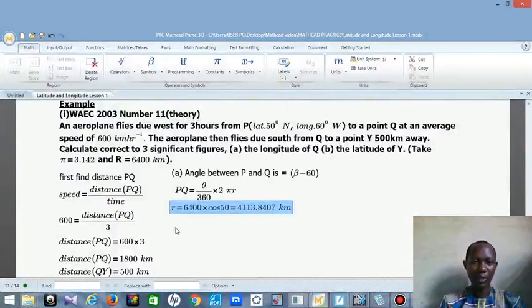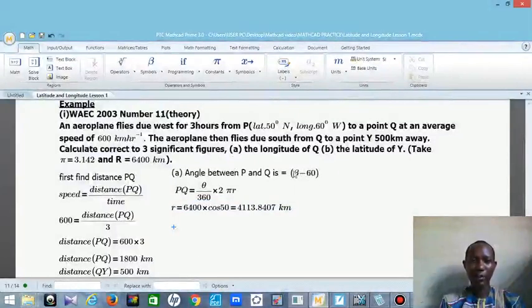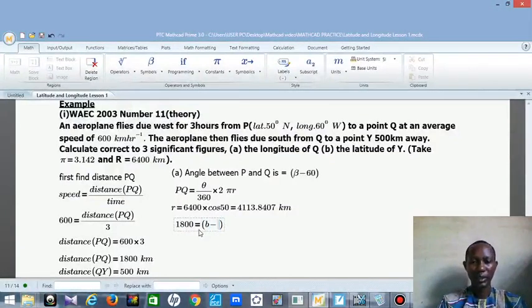Then we substitute our values and we get our theta. Don't forget, this will now be our theta. So distance PQ 1800 is equal to, open your bracket, put your beta minus 60, divided by 360, times 2 times pi, which is 3.142.